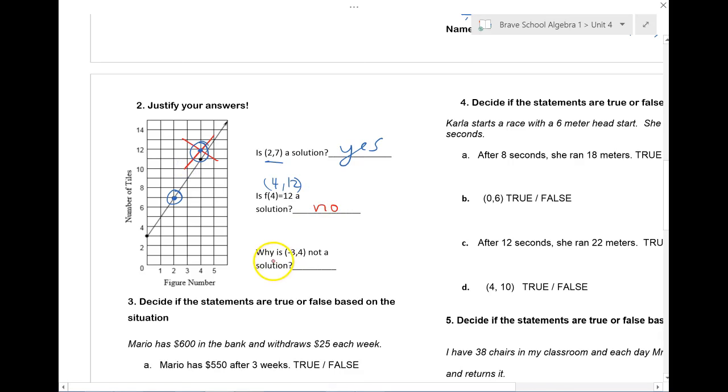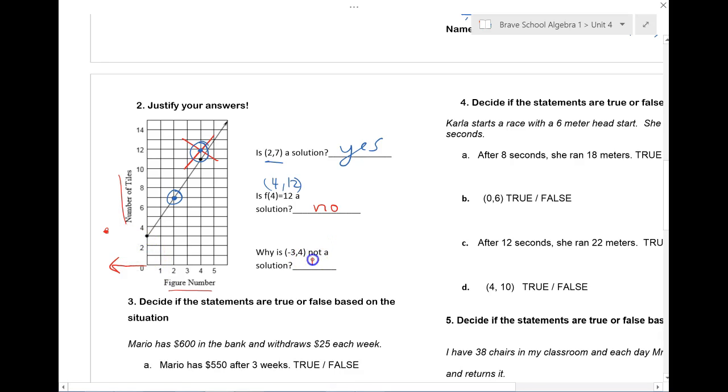And then this question is, why is (-3, 4) not a solution? Well, let's check to see where it's at. (-3, 4) would be in this direction, and that would be somewhere right here. Well, first of all, it's not on the line, and second, there's nothing past the graph to the left. We can't go to the left. Remember, this is figures and tiles, and we can't have a negative input.